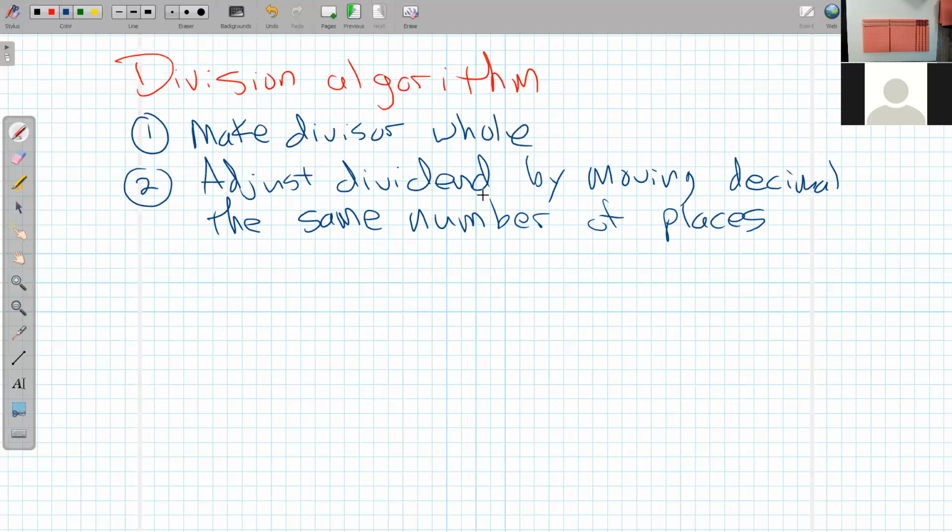So once we do that, it's like whole number division. Now there is a third part though. This adjustment of the dividend tells us where the decimal goes in the answer.